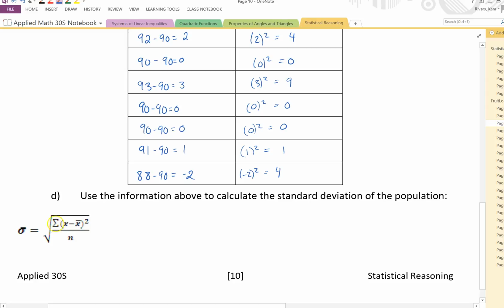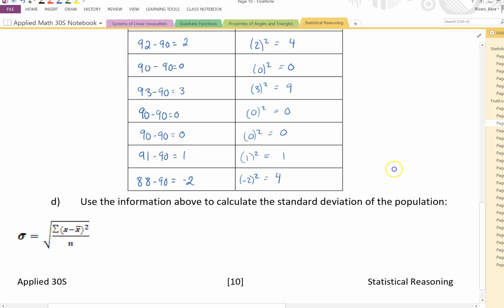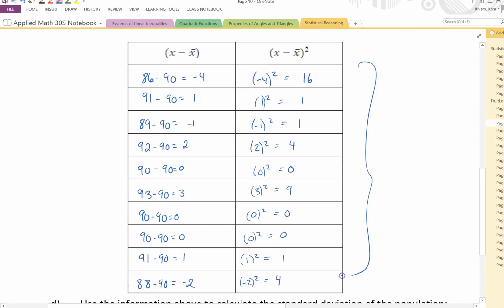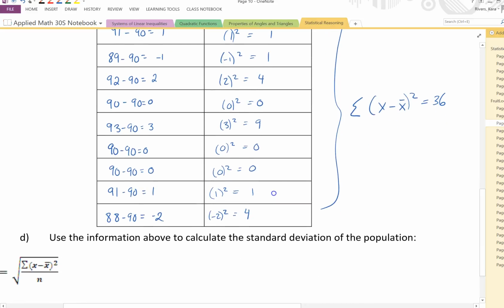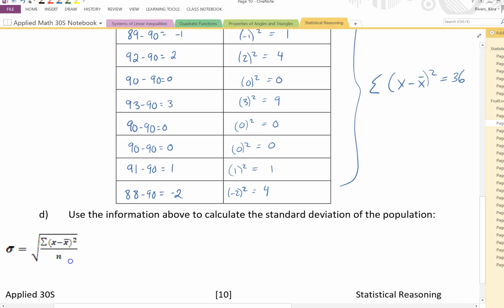So we're going to add the sum of (x minus x bar) squared, which means take everything in this column and add them up. So 16 plus 1 plus 1 plus 4. And when you add them all up, the sum of (x minus the mean) squared gives us 36. You can double check that I did that right. So that's what they're asking us to do in the top part here.